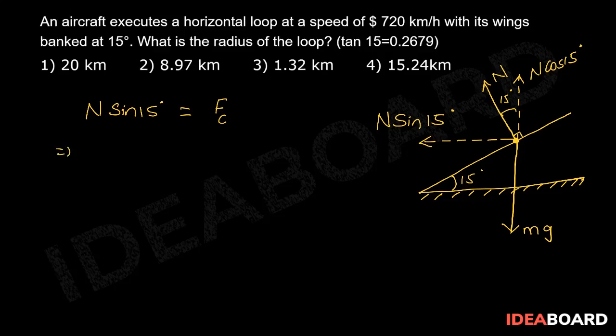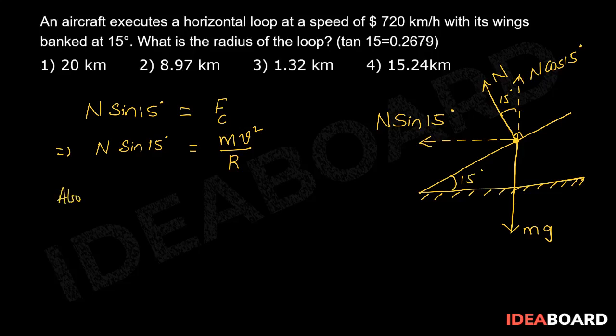So, N sin 15 degrees is equal to mv square upon r, where r is the radius of curvature of that horizontal loop.